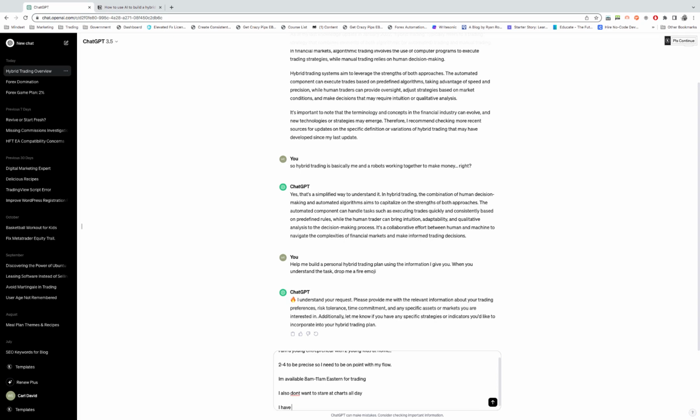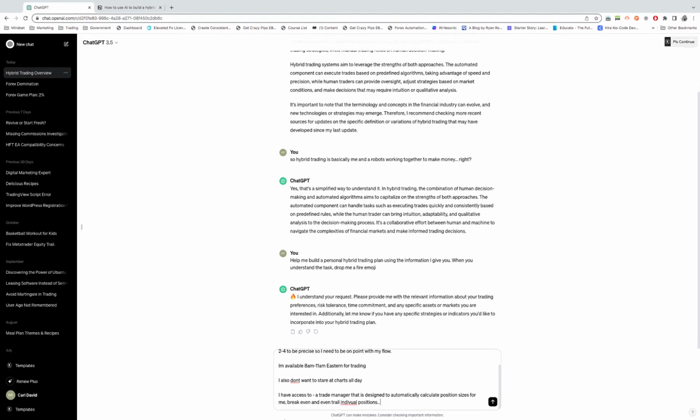I have access to a trade manager that is designed to automatically calculate position sizes for me, move to break even, and even trail individual positions.